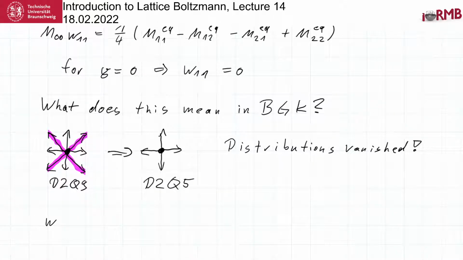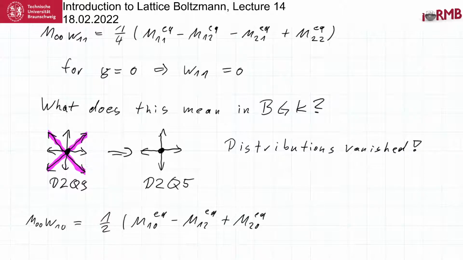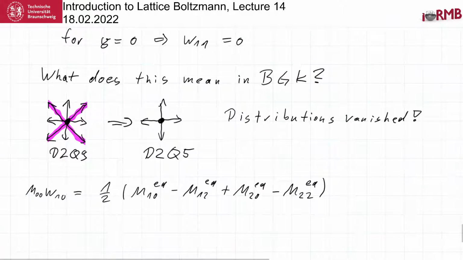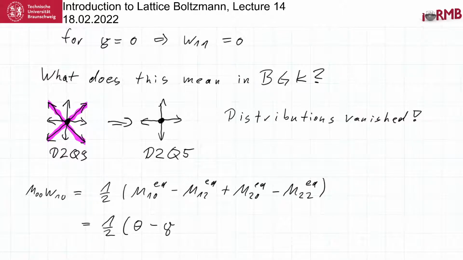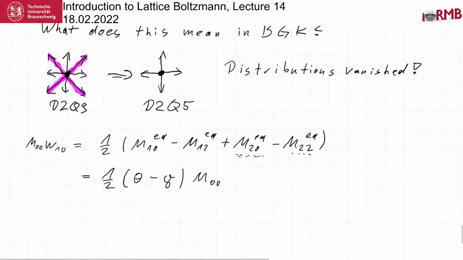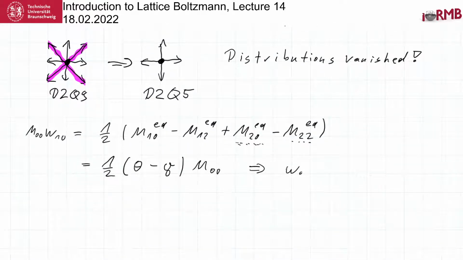So let's look at what is actually W10. W10 times M00 would be 1/2 M10 equilibrium minus M12 equilibrium plus M20 equilibrium minus M22 equilibrium, which gives us 1/2 theta minus gamma, because this guy gives us theta, and this guy gives us gamma, and this again times M00, so that we can say that omega 10, and this of course is also omega 10.